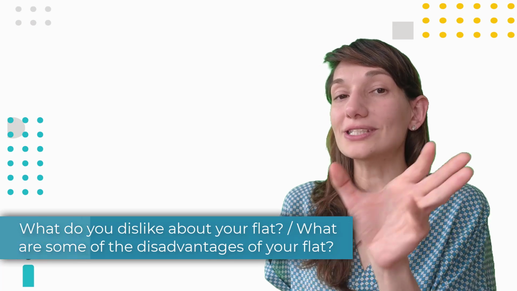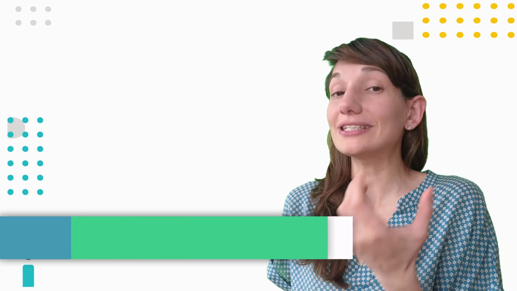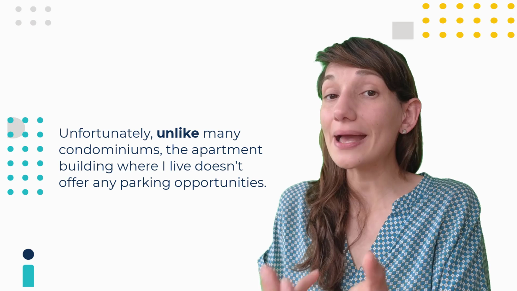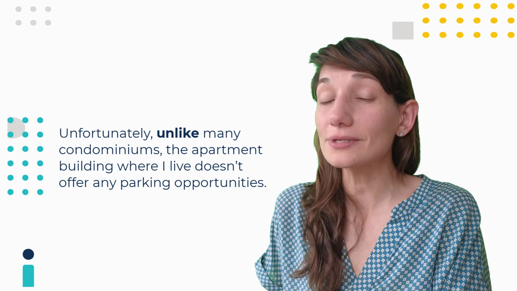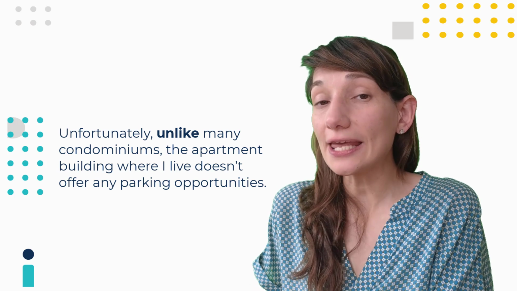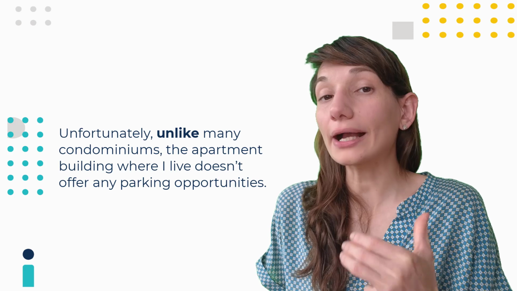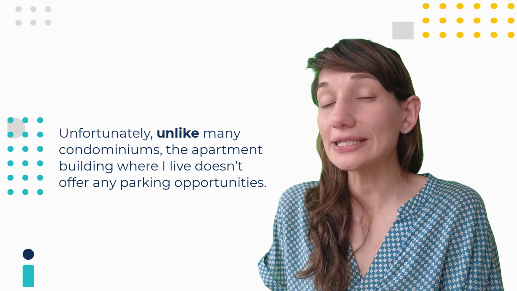Another common question on IELTS is, of course, the disadvantages of the place where you live, the disadvantages of your apartment or of your house. And you could say, for example, unfortunately, unlike many condominiums, the apartment building where I live doesn't offer any parking opportunities.